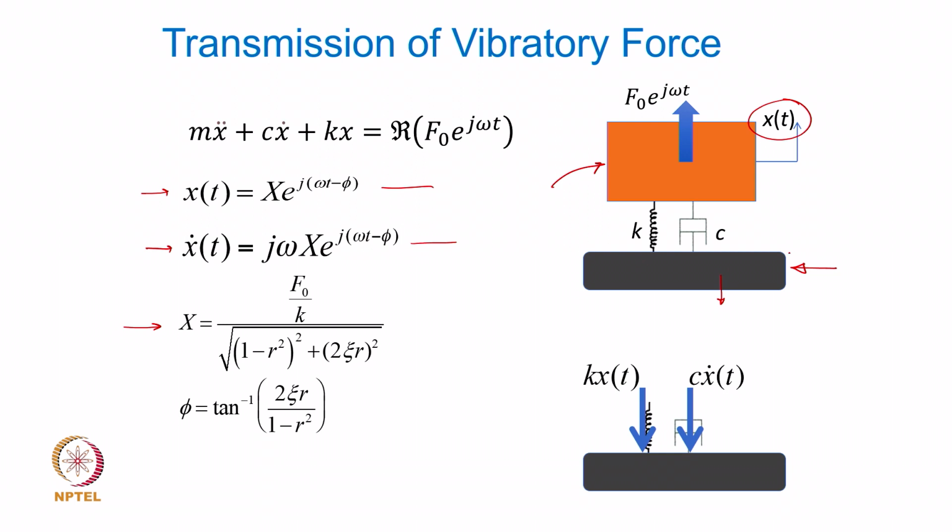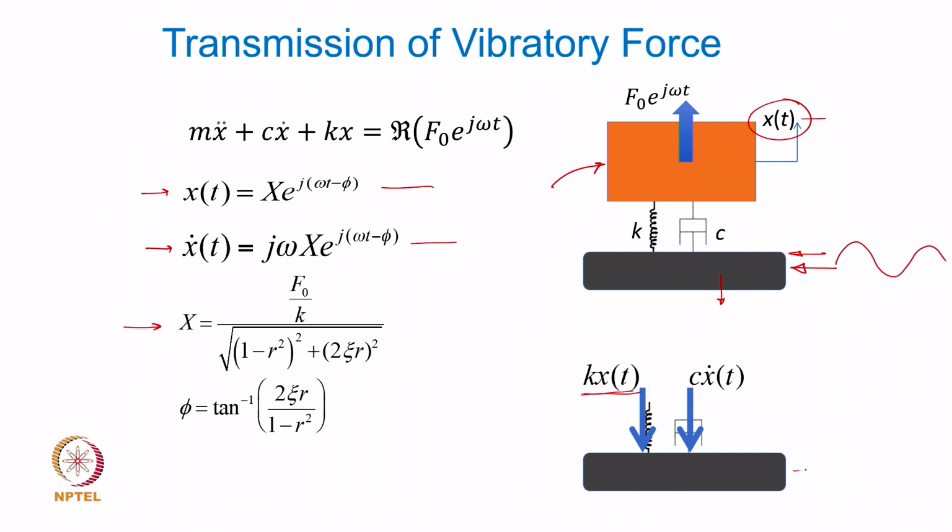Now, because this is assumed rigid enough, there is no motion of the base or the foundation. The stiffness or the restoring force is only dependent on the absolute x value, the response value. So, the stretch in the spring is going to be x of t. It is unlike the base excitation case, where the base was assumed to move and we found the spring force to be k into y minus x.